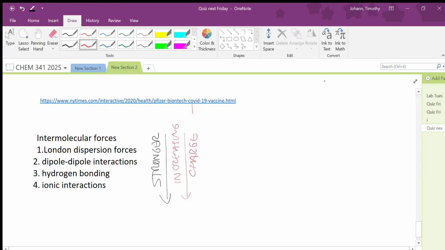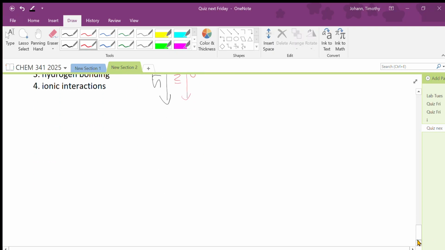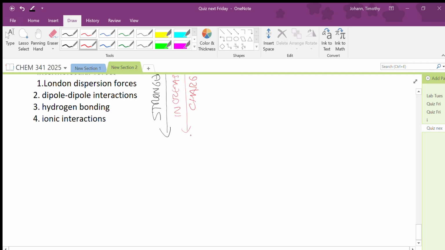So let's talk about that then. You may not be used to thinking about London dispersion forces as charges, but they are. They're just very tiny charges. So let's describe those first. London dispersion forces are temporary small charges.